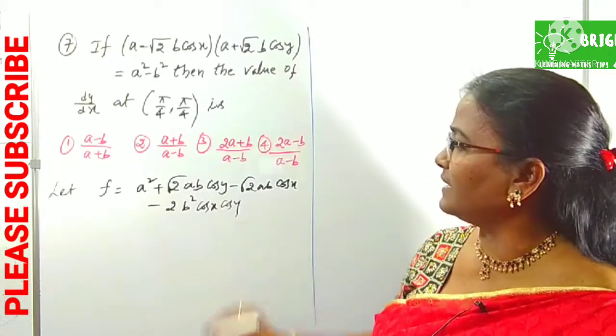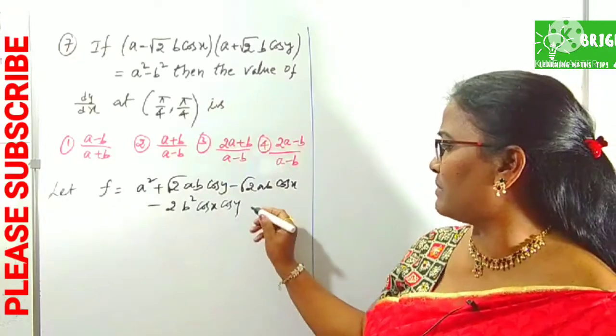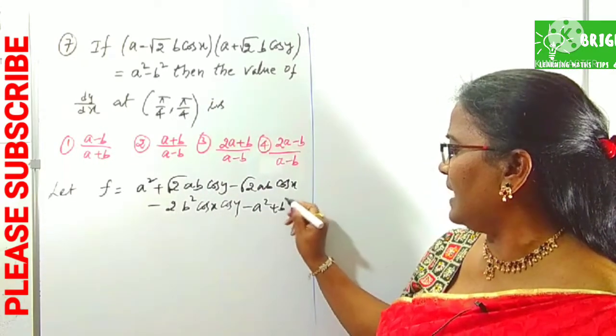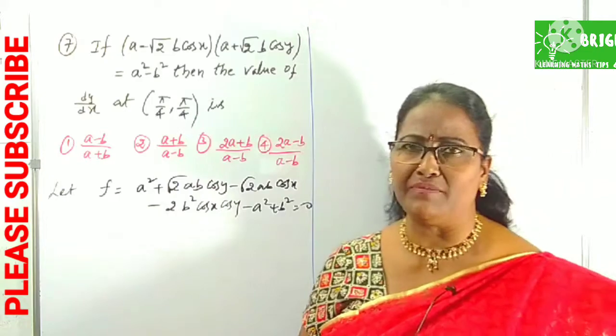And the right side is a square minus b square. I am writing minus a square plus b square, so the function f is equal to 0.